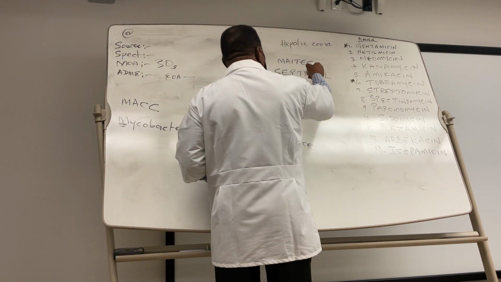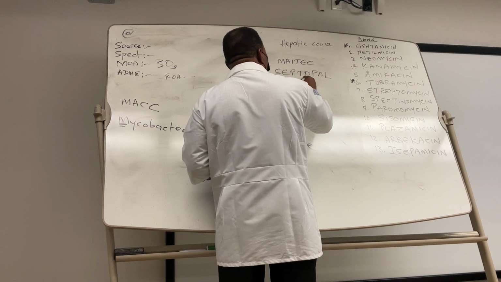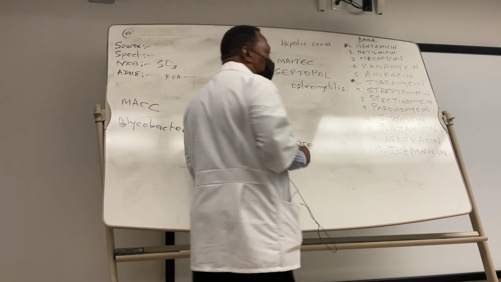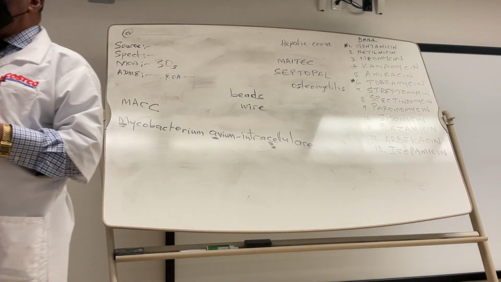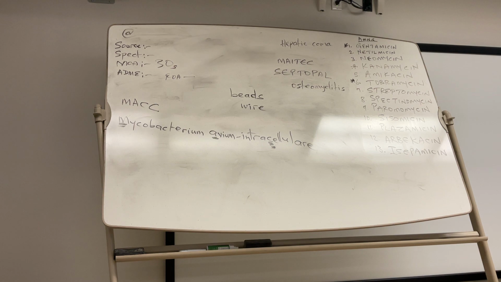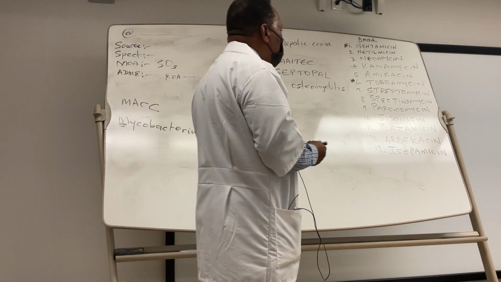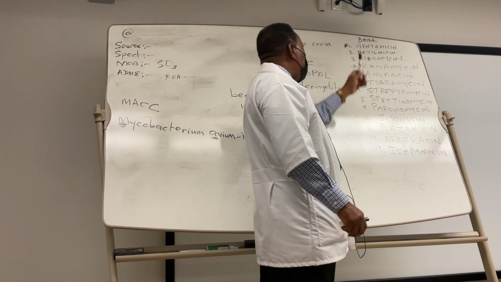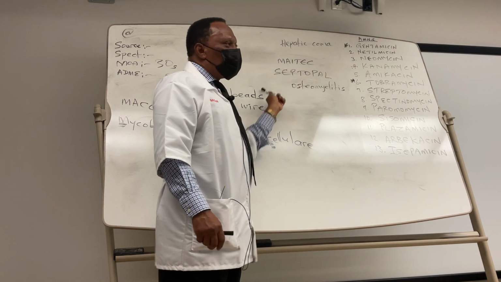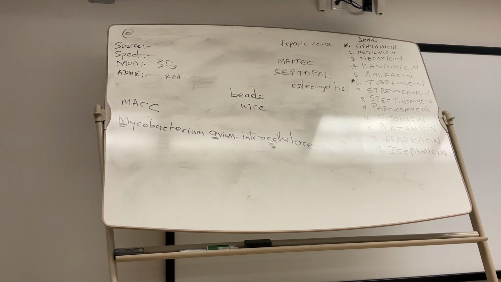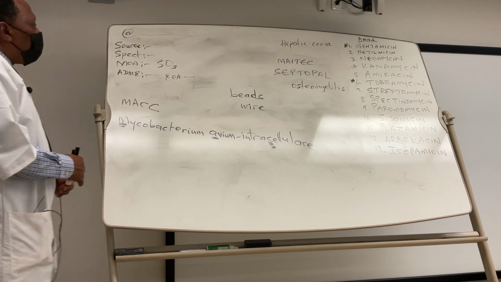And so Septopal is mainly used for osteomyelitis that is recurrent. So if you have severe recurrent osteomyelitis and you want to use an aminoglycoside, it will be gentamicin, and that's how it will be administered. It will be the Septopal formulation that you will use in that situation.